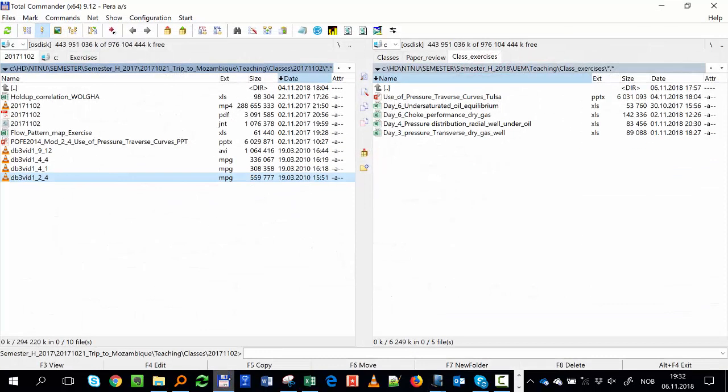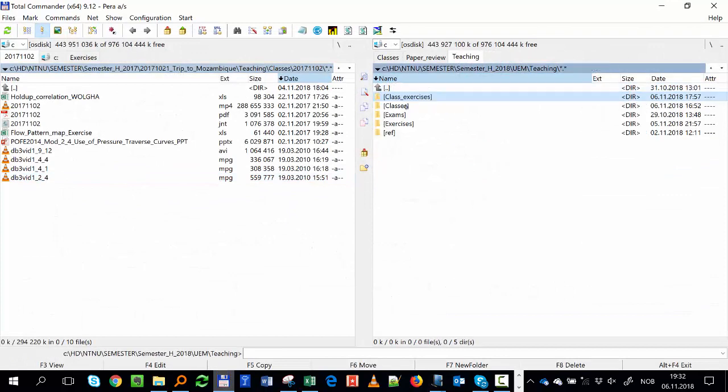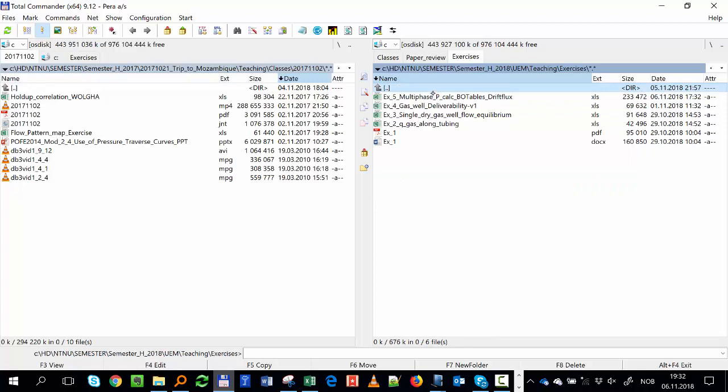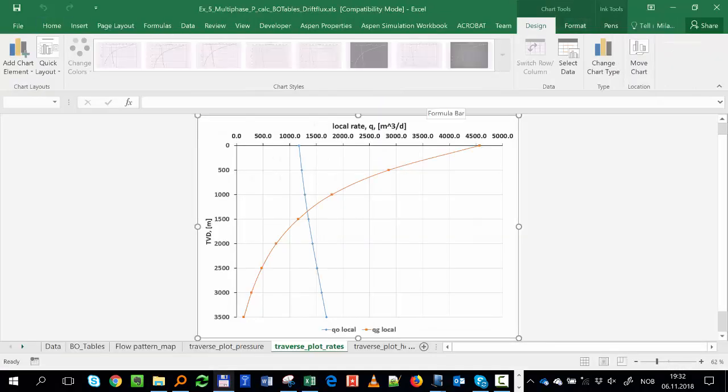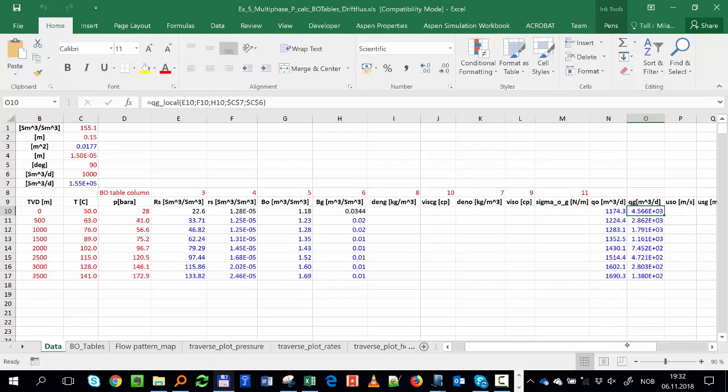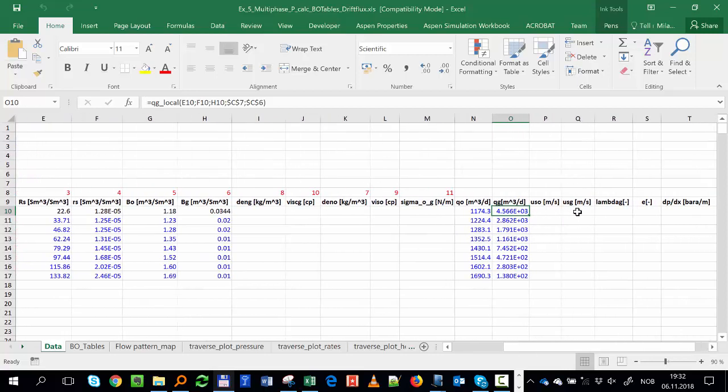Let's take the exercise we have been working on, exercise 5, that we were working on yesterday, and let's calculate the local rates. Now let's calculate the superficial velocity of oil and gas at every position in the tubing. Let's see what numbers we get.